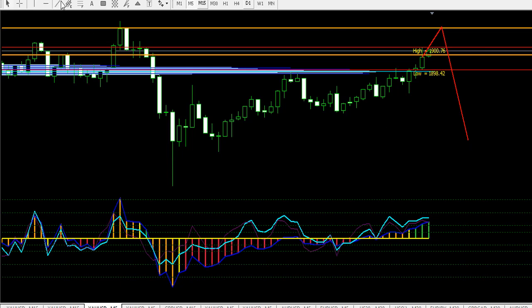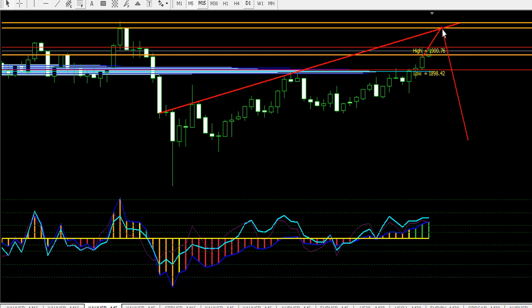I don't know, but it can be. So we make a scenario: resistance here and then pullback down. This area is strong resistance. This area is also strong resistance here. It's also strong resistance, resistance of uptrend, resistance of sideways.